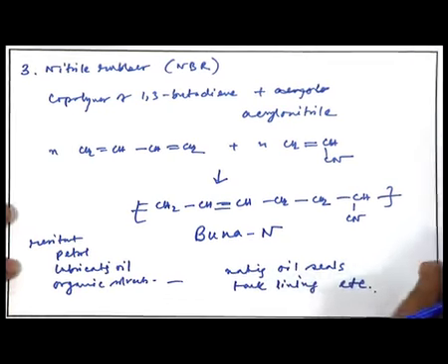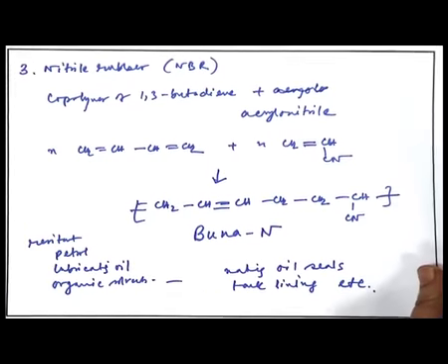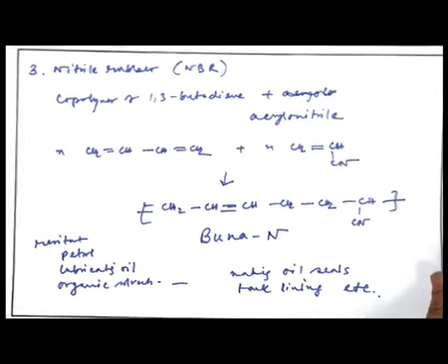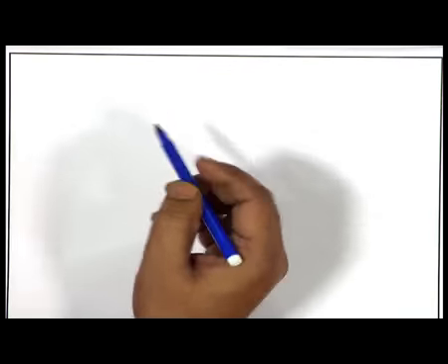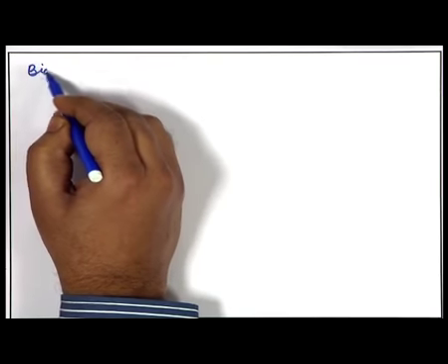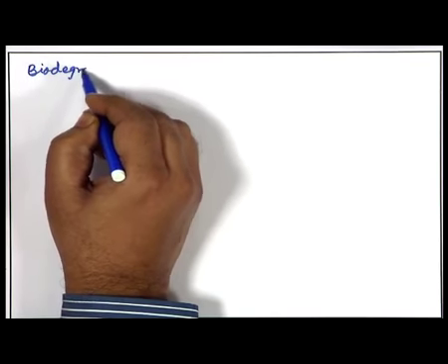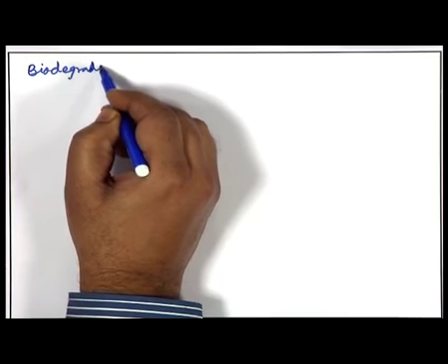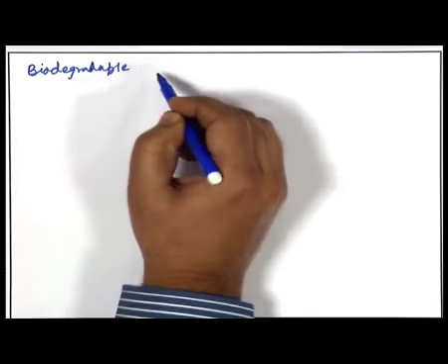So, we talked about natural rubbers and synthetic rubbers, and the last topic, which I will quickly go through in the next 5 minutes, is an important one called biodegradable polymers.